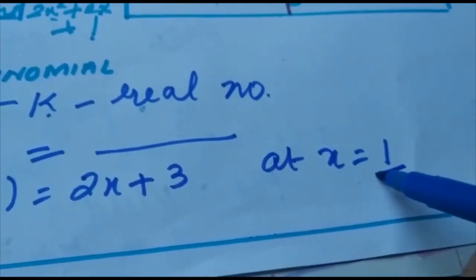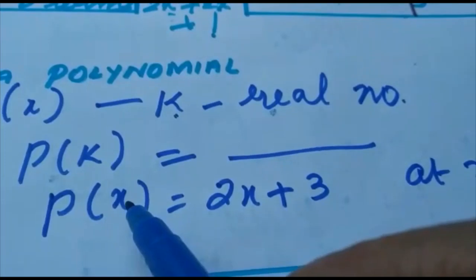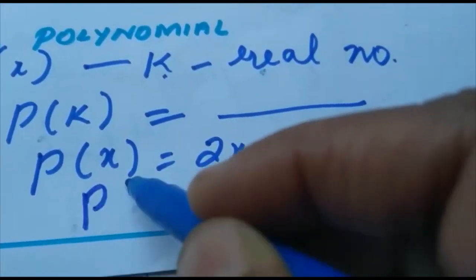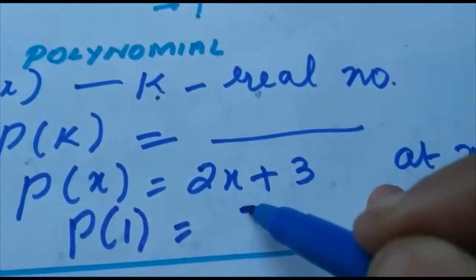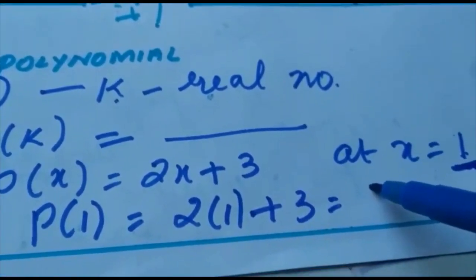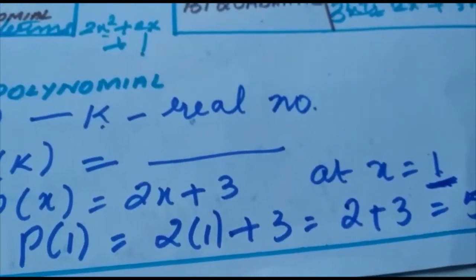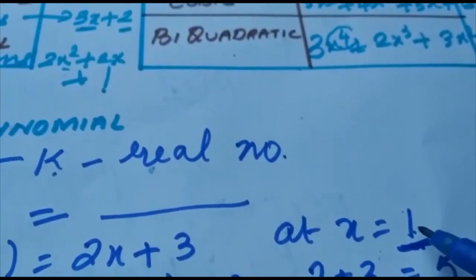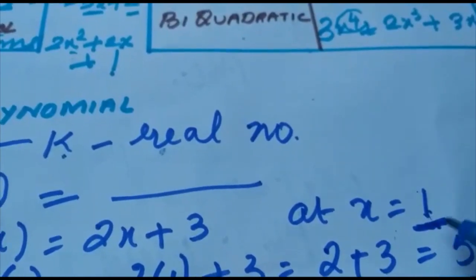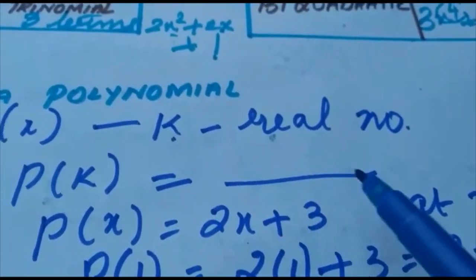Here this 1 is nothing but your k. Now you are going to put this 1 in place of x. So p of 1 is equal to 2 into 1 plus 3, which is equal to 2 plus 3, that is equal to 5. So whatever value is given in the question in place of x, that value you have to replace in the place of x in the given expression.